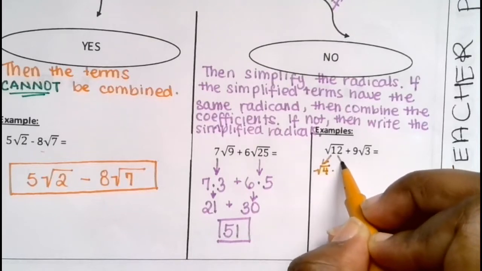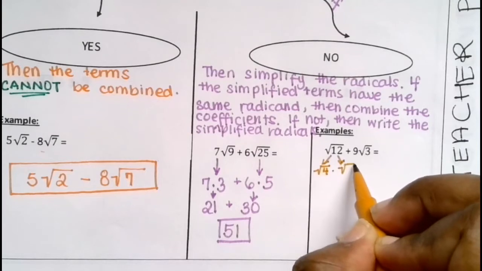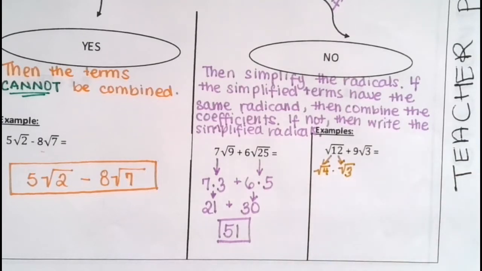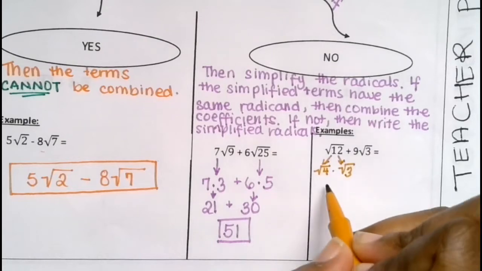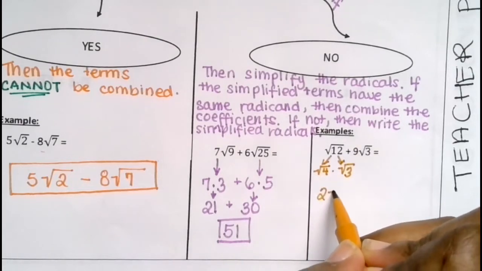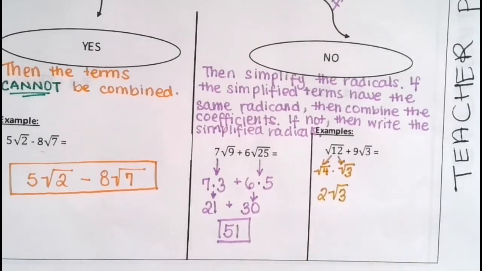The largest perfect square that evenly divides into root 12 is root 4. And root 4 times root 3 would give me back my original radicand of 12, because 4 times 3 is 12. The square root of 4 is 2, and 3 does not have a perfect square, so I'll just rewrite it, and now this simplifies to be 2 root 3.